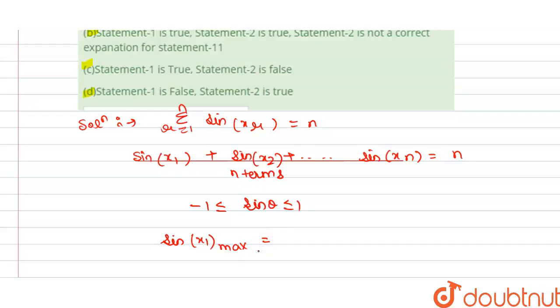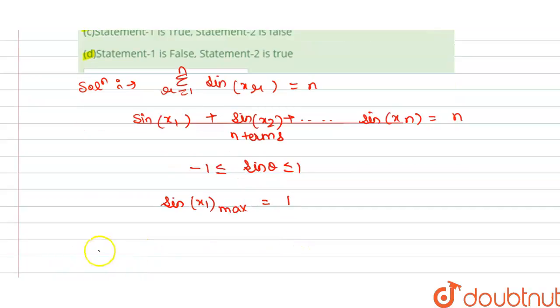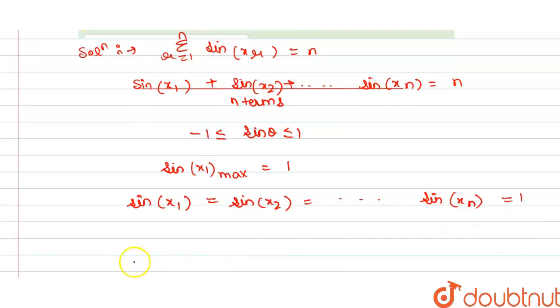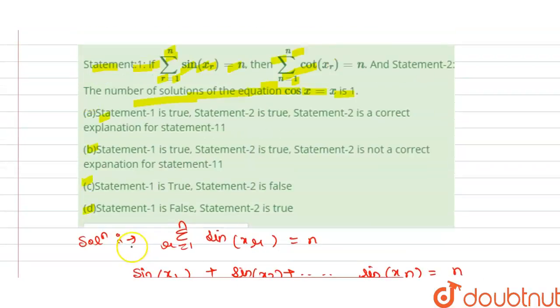So sin x1 can be at most 1, and sin x1 equals sin x2 equals sin xn, and from this we can say that each is equal to 1, as the maximum value of sin x is 1.